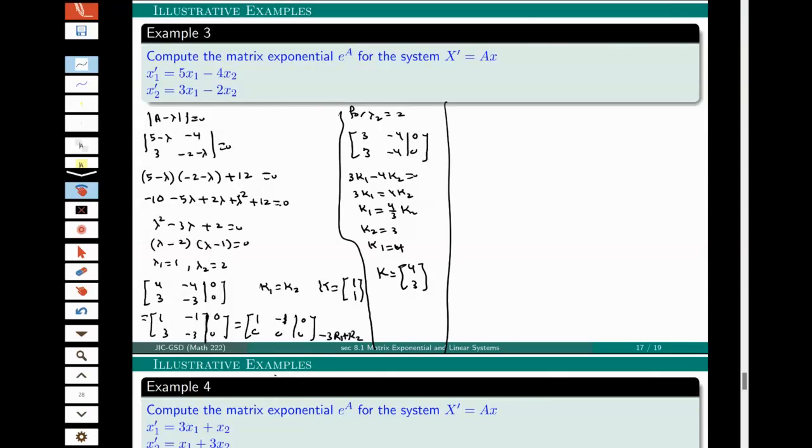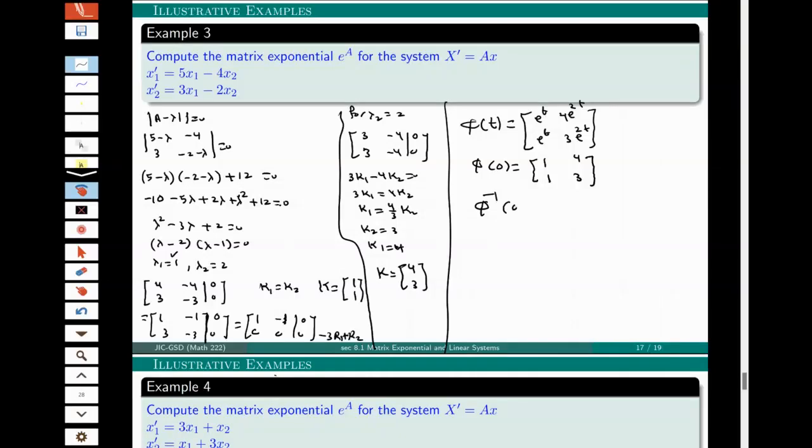So what's our fundamental phi of t? The fundamental matrix will be e to the power t times the eigenvector, so e to the power t and e to the power t, and e to the power 2t times the vector, which is 4 and 3. And we say phi at 0 will be 1, 4, 1, 3.